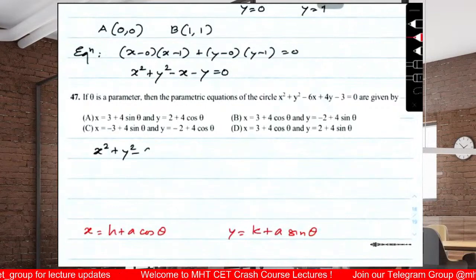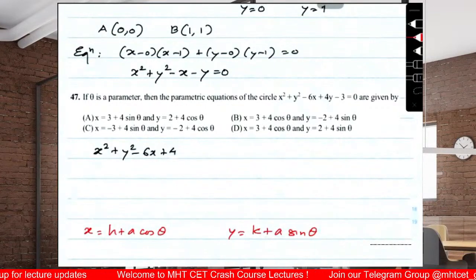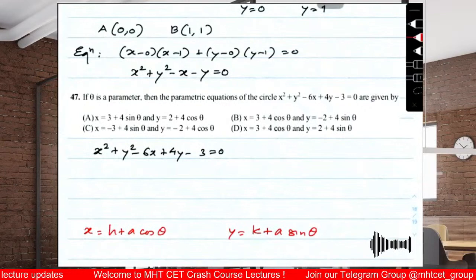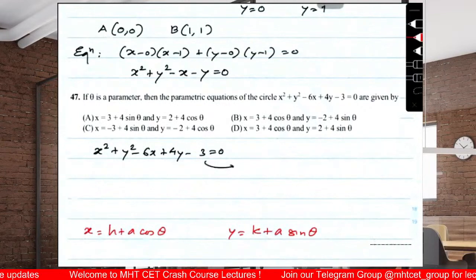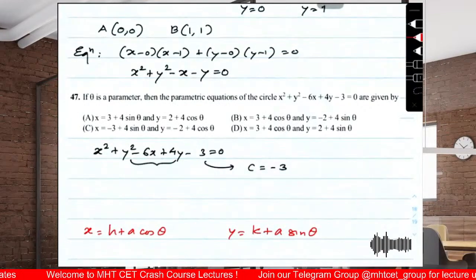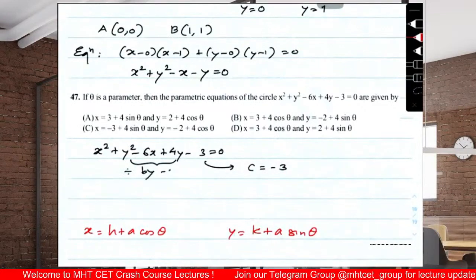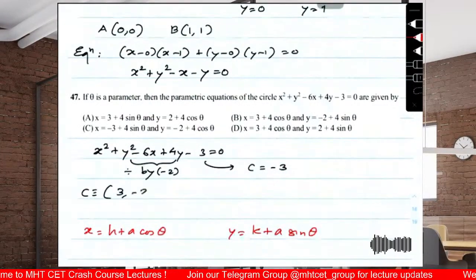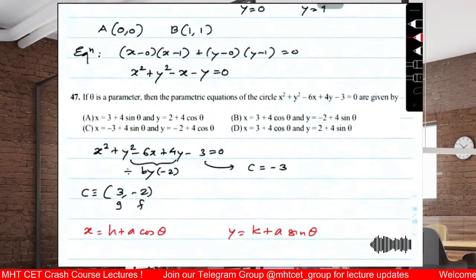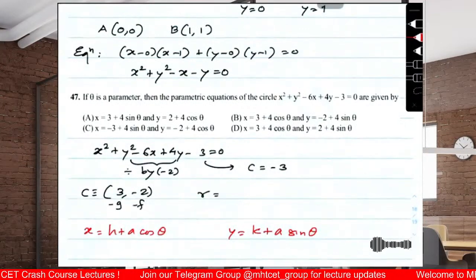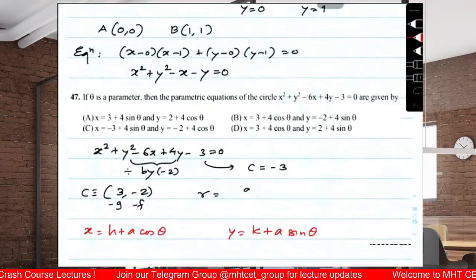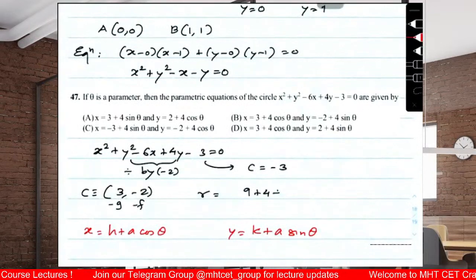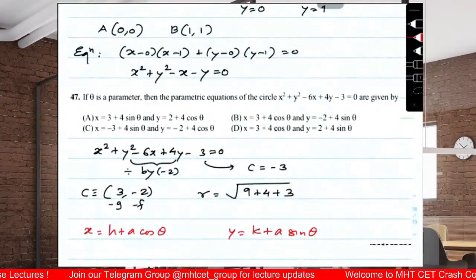Okay, so first equation of circle लिख रहा हूँ. Okay, so c is -3. इन दोनों को -2 से डिवाइड करो, we'll get center. 3 minus 2, and this is minus g minus f. Okay. The radius will be g square plus f square minus c under root.